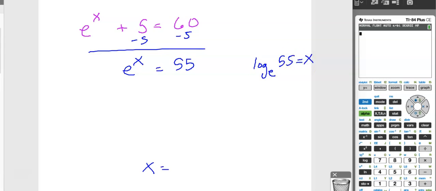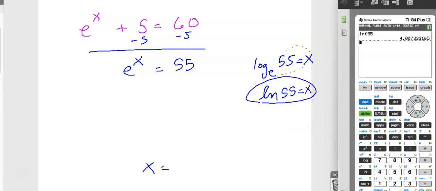And again, I want to keep saying that counterclockwise, e to the x equals 55. So you could set it up that way. And just as a reminder, log base e is actually ln. So ln of 55 is x. So all you have to do is plug ln of 55 into your calculator and get your decimal approximation.